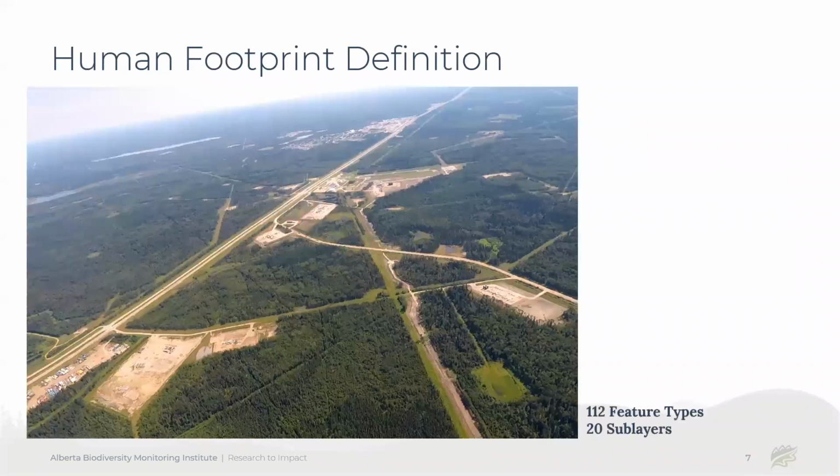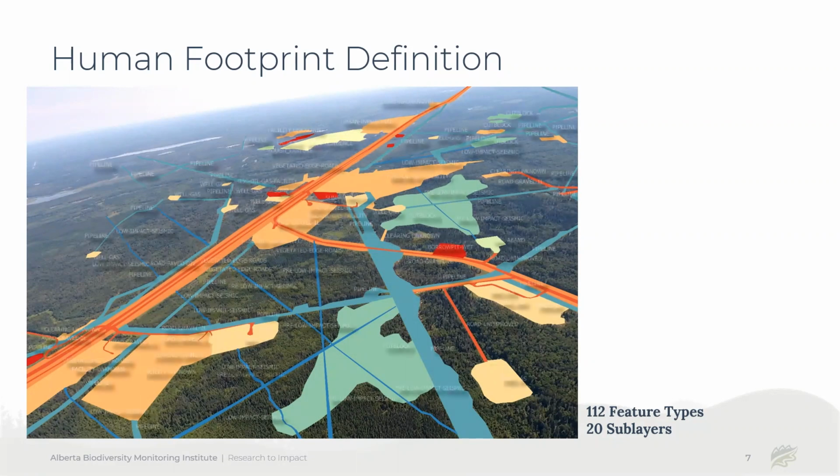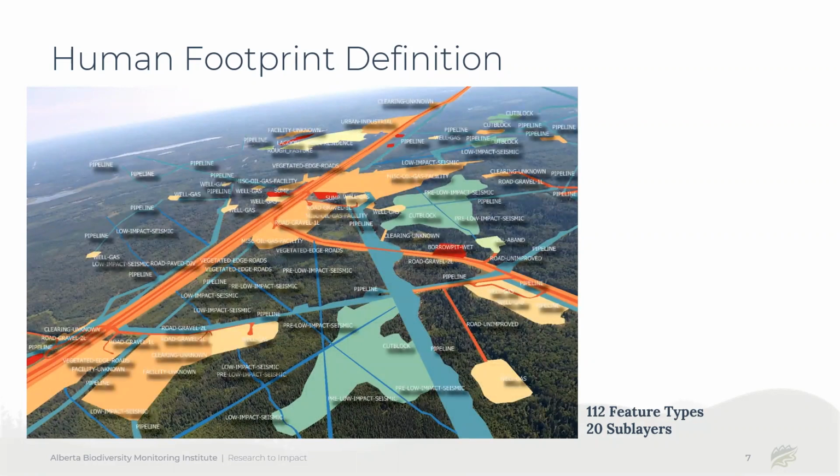Now, how do we do it? If you look at this picture, everything that is not covered by a polygon would be considered natural land cover. Everything else we cover within a human footprint polygon, and we do have different categories. Once a polygon is established, so essentially the spatial geography or spatial dimensions of these polygons are captured, then attribution is assigned to individual features.